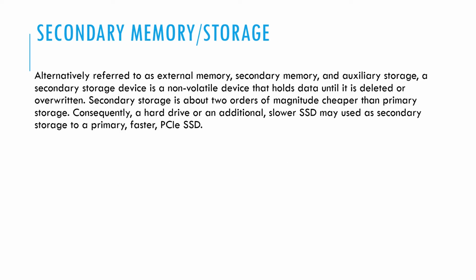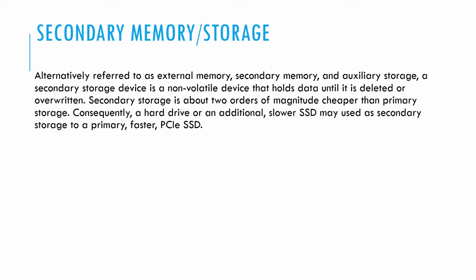Secondary memory storage, alternatively referred to as external memory, secondary memory, and auxiliary storage. A secondary storage device is a non-volatile device that holds data until it is deleted or overwritten. Secondary storage is about 2 orders of magnitude cheaper than primary storage.